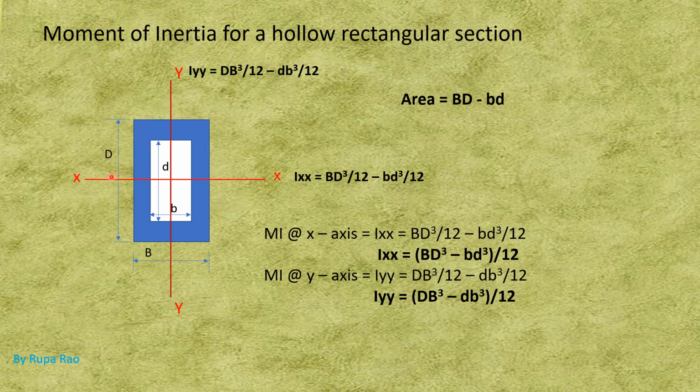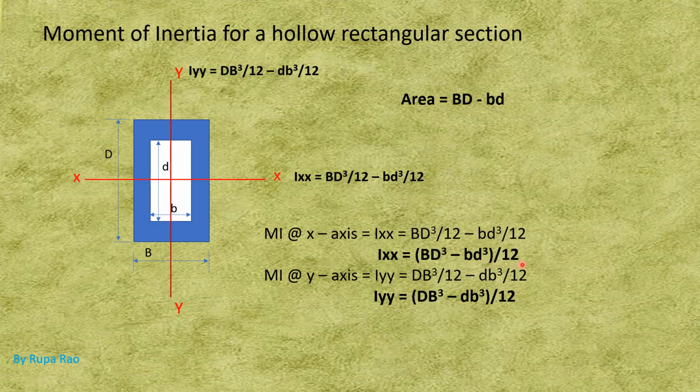Its moment of inertia about xx will be capital B D cube by 12. Now this hollow section, this is a cut, small b d, so minus small b d cube by 12. So it is moment of inertia of the outer rectangle minus the moment of inertia of the inner rectangle.